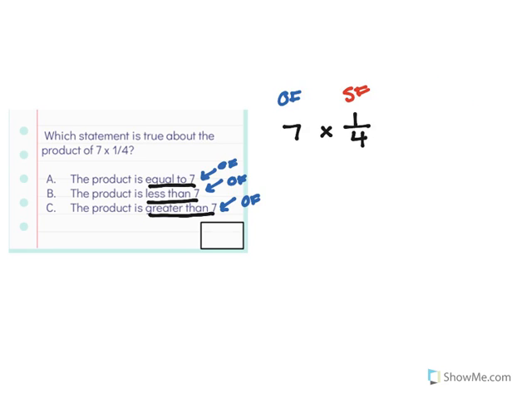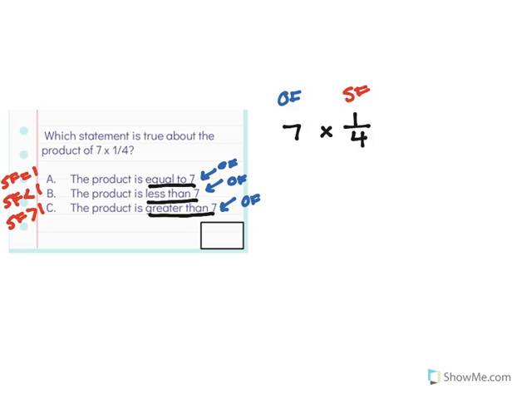Okay? Now, we need to think about what each statement says. A said the product is equal to. That means we would be multiplying by a scale factor equal to 1. B said the product is less than 7. That means our scale factor would have to be less than 1. And C says the product is greater than 7. So that means our scale factor would have to be greater than 1.